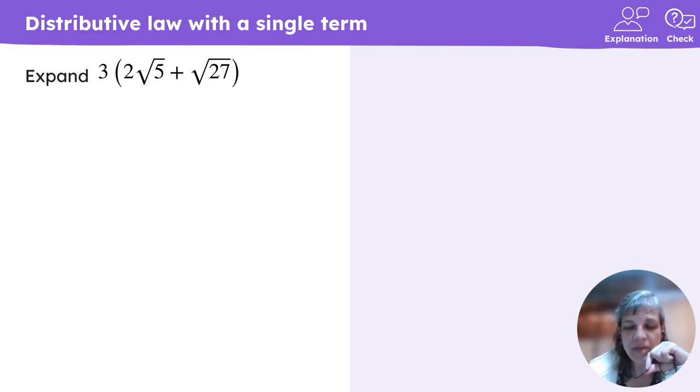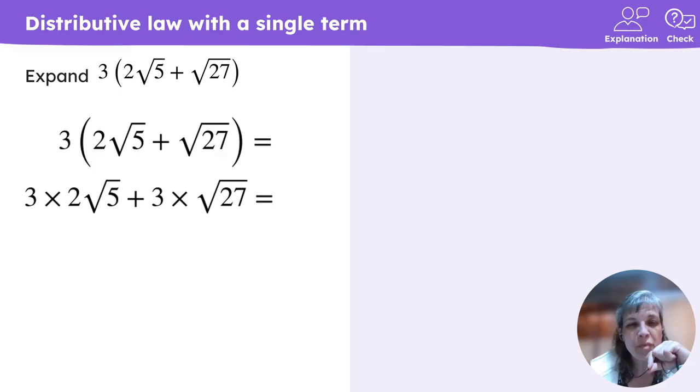But you have to remember that you multiply the coefficients together, and you don't multiply the coefficient together with the surd. In this case, you multiply the 3 times the 2 root 5, and the 3 times the root 27, and you end up getting 6 root 5.